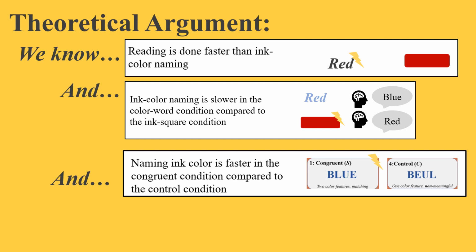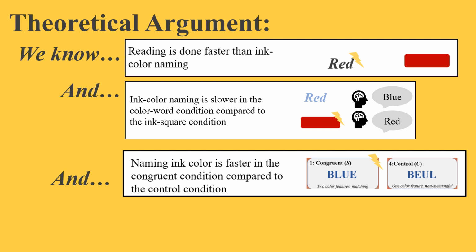So if the word blue is written in blue, it makes people faster because there's facilitation. So we went over this so many times. You want to know when facilitation happens, when interference happens, and about automaticity. What is more automatic than what? So we already know that reading words is more automatic than naming colors.